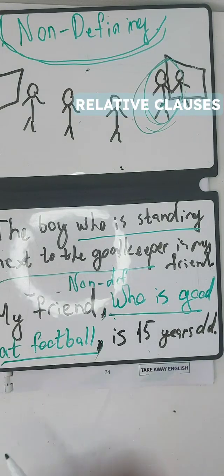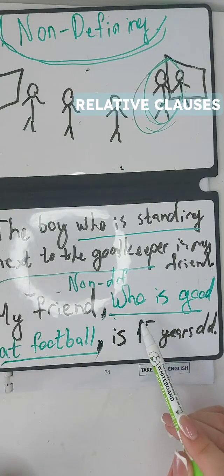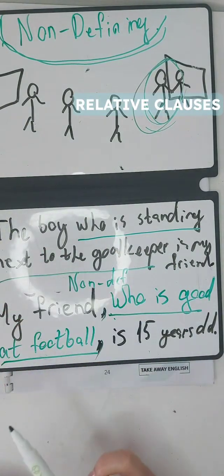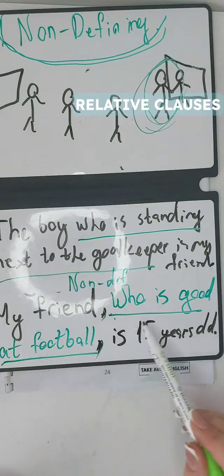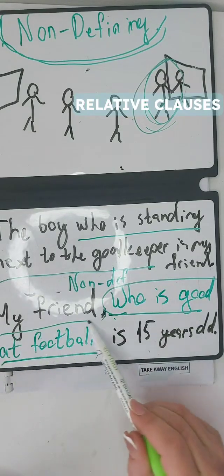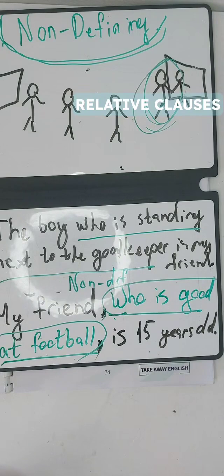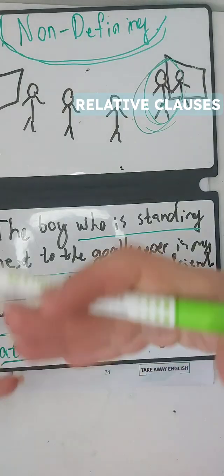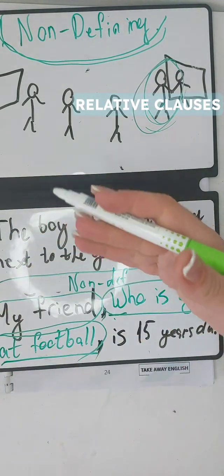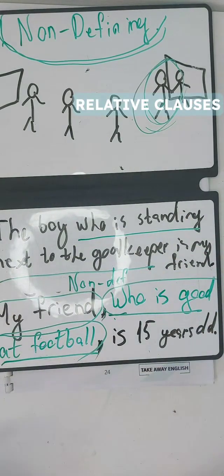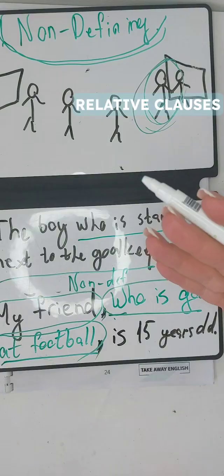Why? Because here I'm not identifying the person. I just add extra information about my friend. We don't need a passport here. We already know which person or thing the person is talking about. We just add extra information, maybe just to show off and say, my friend who is good at football, my friend who speaks 6 languages.